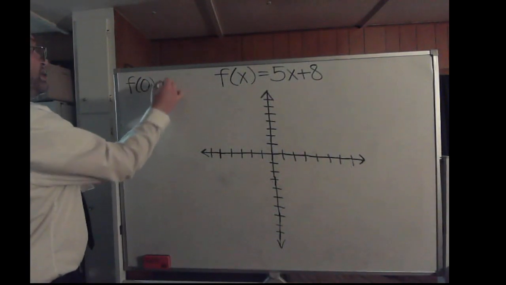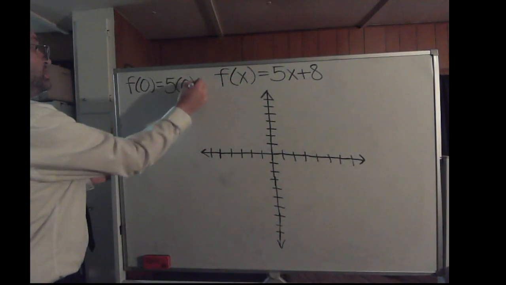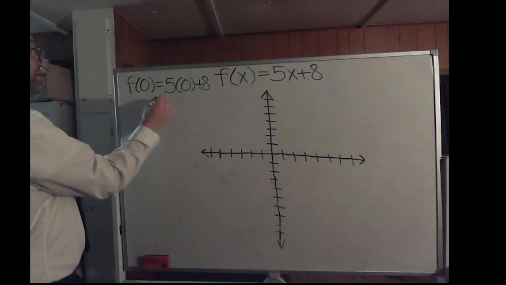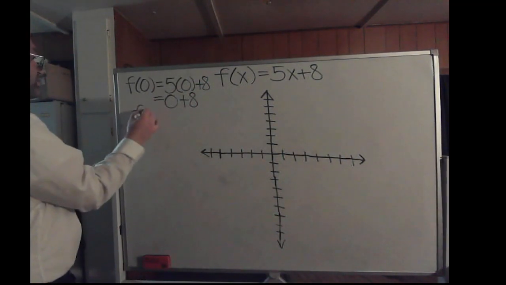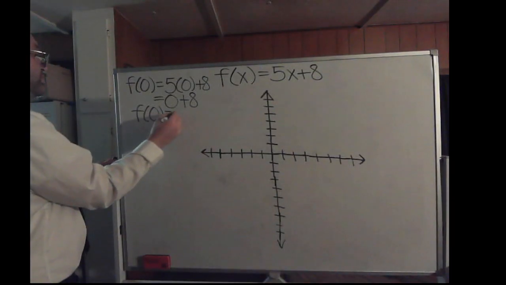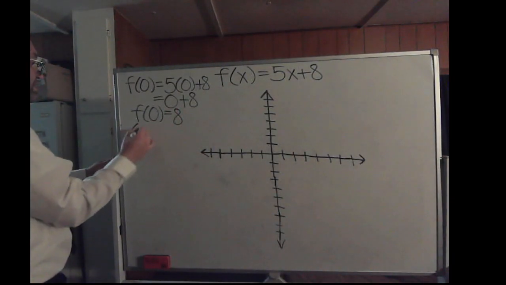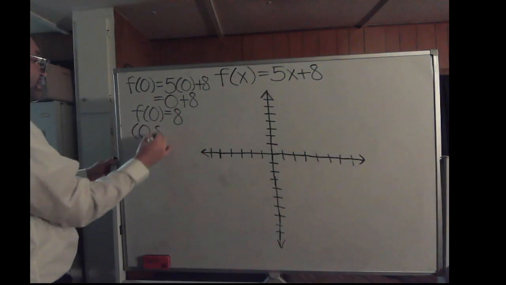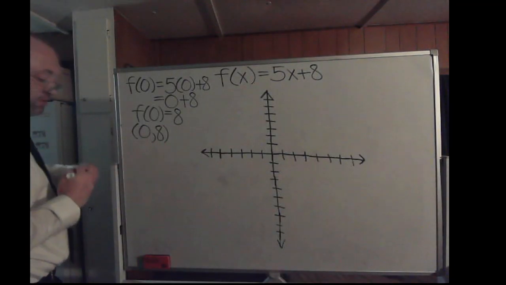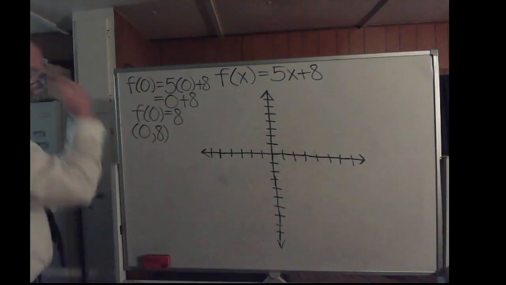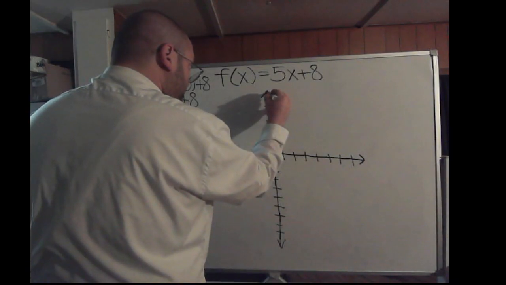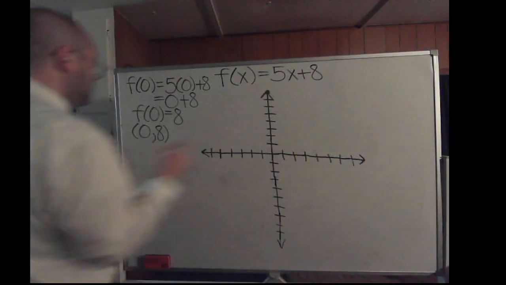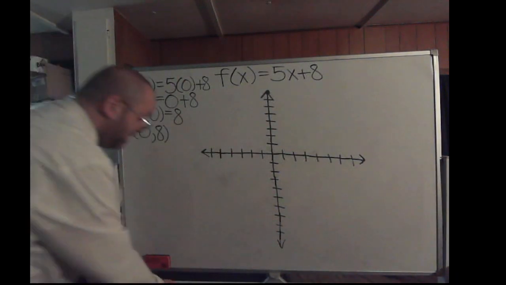That'd be equal to 5 times 0 plus 8. Well, 5 times 0 is 0, so you have 0 plus 8. So f of 0 equals 8. So that means you get the point 0, 8. That's your y-intercept, which would go right about up here. So we found the y-intercept.